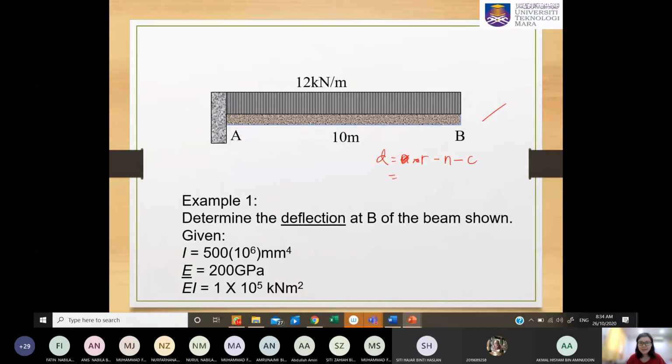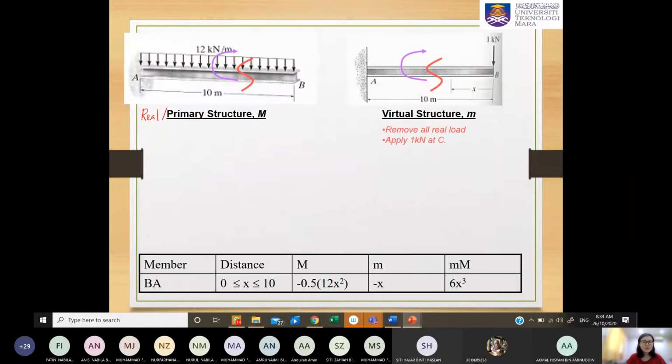We have three here: AX, AY, and MA. And then N is always 3, and you have 0 because there is no hinge here. So this beam is a statically determinate beam. Then you can use the virtual work method. With this virtual work method you have to produce two structures. One is the real primary structure.